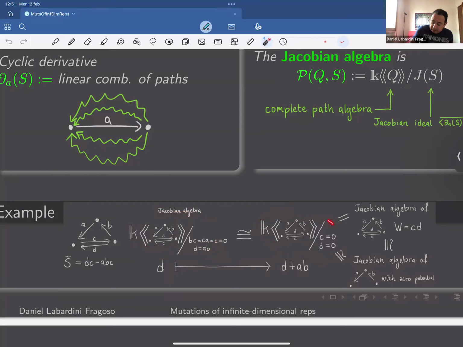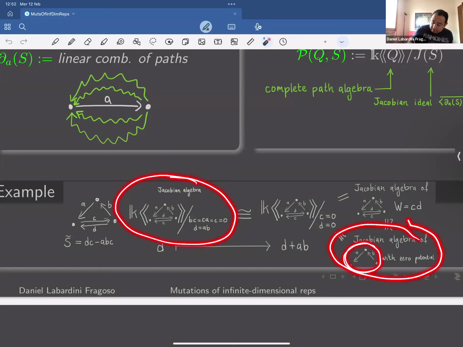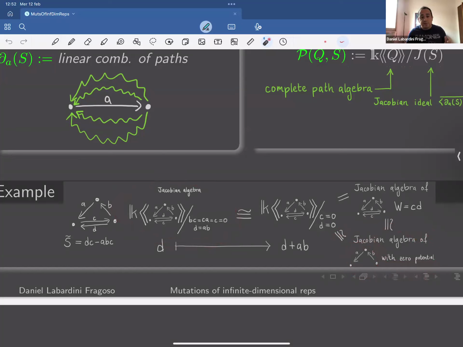And in the new Jacobian algebra, one can easily see that D is also zero because it is equal to the cyclic derivative of C of the image of S tilde under the automorphism. So this Jacobian algebra turns out to be isomorphic to the Jacobian algebra of this type A3 quiver with a zero potential. And this is developed very systematically by Derksen, Weyman, and Zelevinsky.